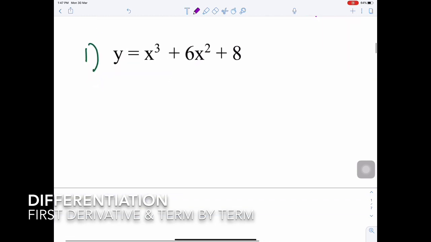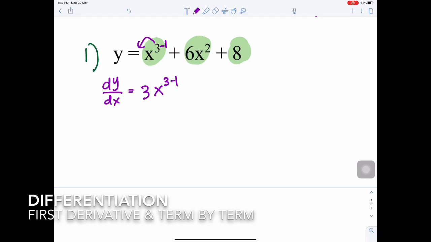Each term, we differentiate. So dy/dx equals, bring forward the index, so 3x remains, power of 3 minus 1, plus, also bring forward the index.